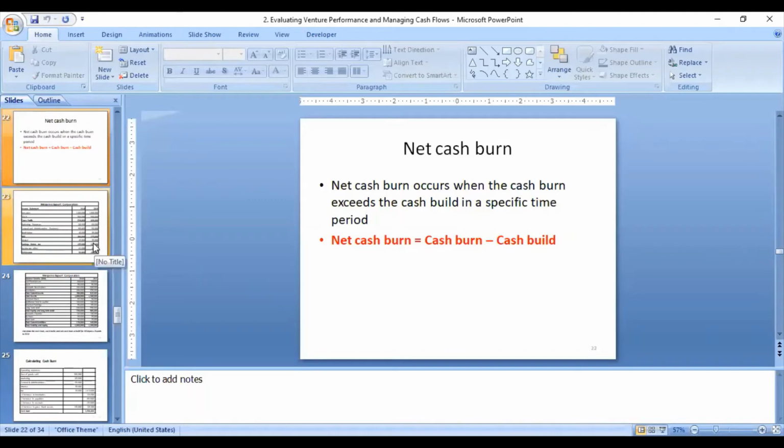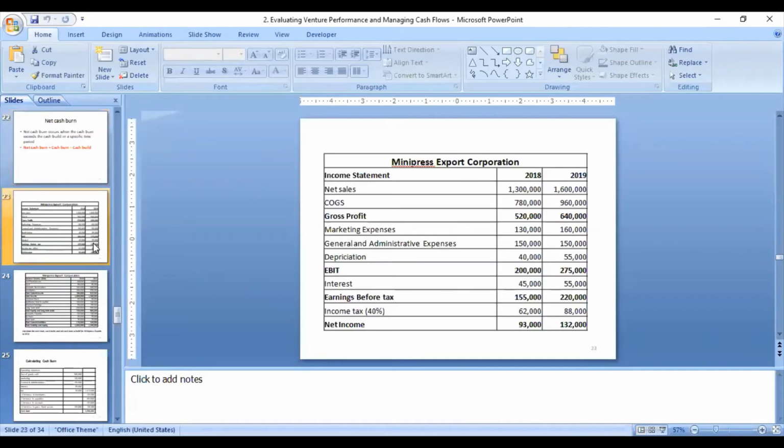So that is why we normally refer to net cash burn. Yes, at the early stages, cash build is not possible to see, because the rate of cash building is very low compared to the cash burning. Therefore, cash burn will appear at the early stages.